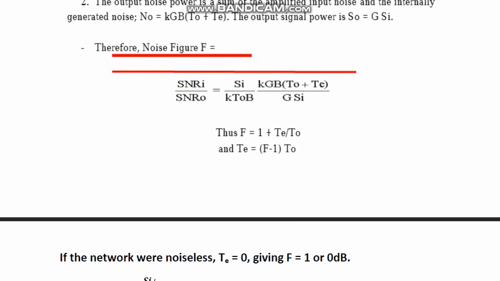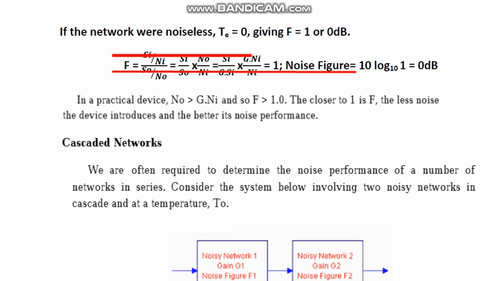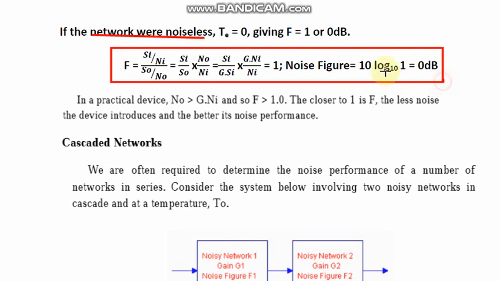Okay, now here I am going to show you that if the network were noiseless, then the equivalent noise temperature is 0. A noiseless network means the equivalent noise temperature is 0. So it will give F equal to 1 or 0 dB. How? I have given you the total derivation in this box.